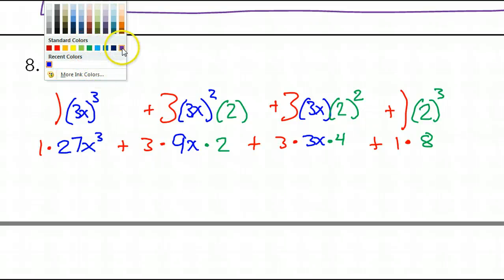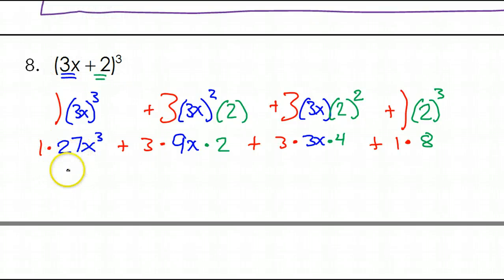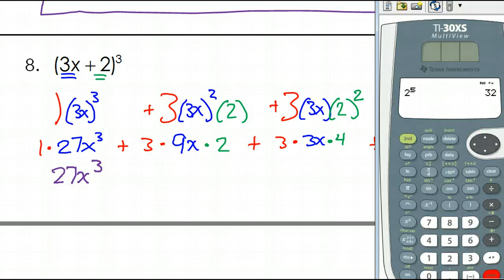Okay, so I've got 1 times 27. Of course, this is just going to be 27x to the third power. Now here I've got 3 times 9 times 2. Okay, 3 times 9 is 27. And 27 times 2 is 54. You could use a calculator if you needed to. 3 times 9 times 2.